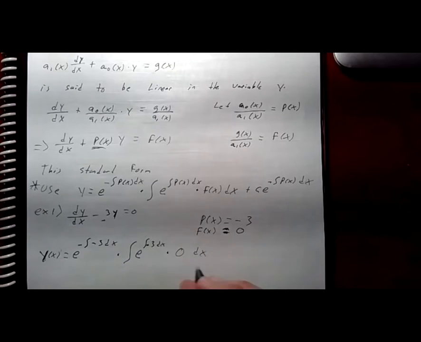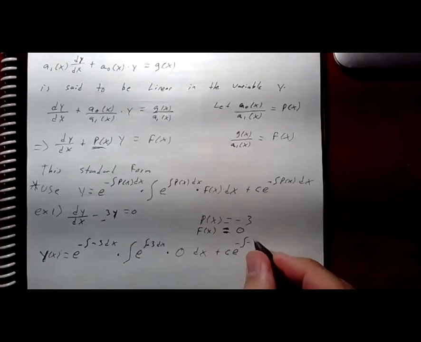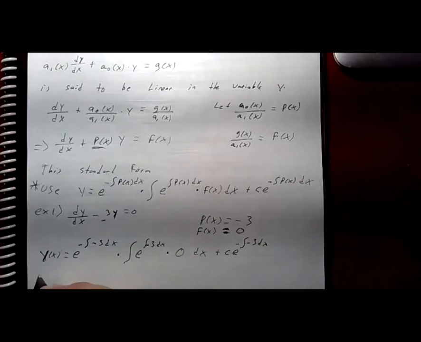That's going to zero this whole thing out for me, plus C e to the negative integral of negative 3 dx. So all this will be 0, leaving us with this integral here.